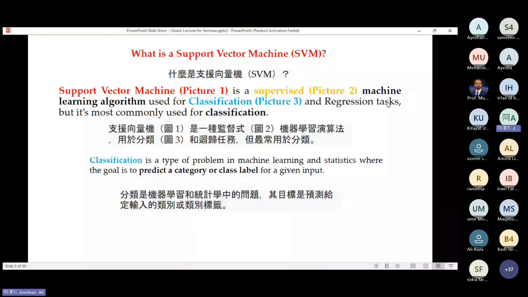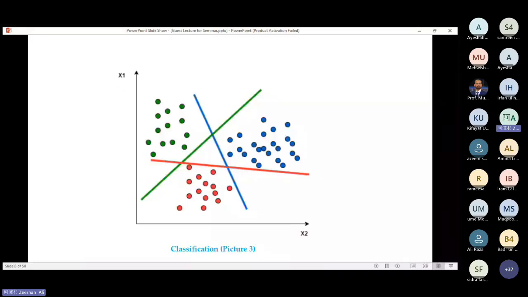So what is classification? We can see picture 3. We have 3 different types of clusters, green, blue, and red. And they are divided into 3 different categories with the help of lines, okay? Because these clusters are in 2 dimensions, we can easily separate them with the help of lines.